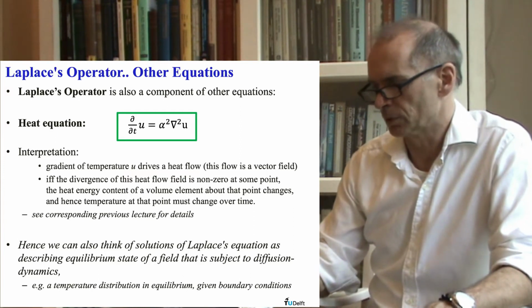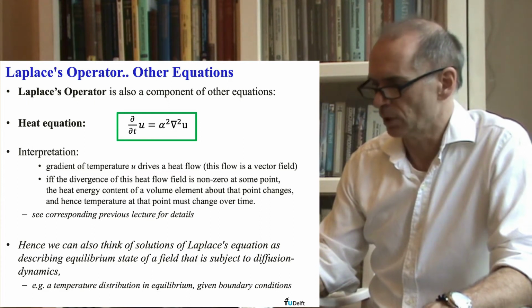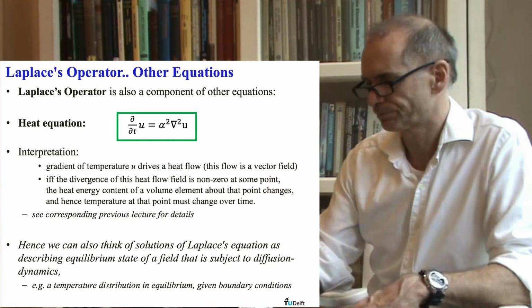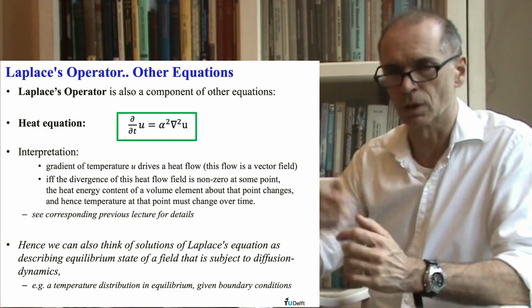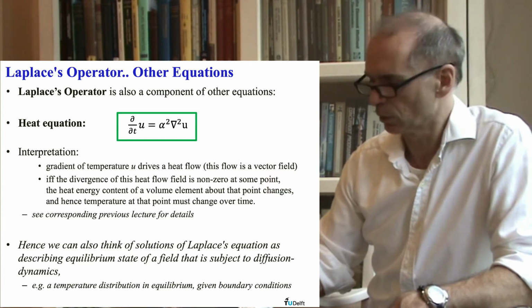So you could interpret it as describing a temperature distribution in equilibrium given, for example, some boundary conditions. So that would be one interpretation that you could give to exercises that we will meet.